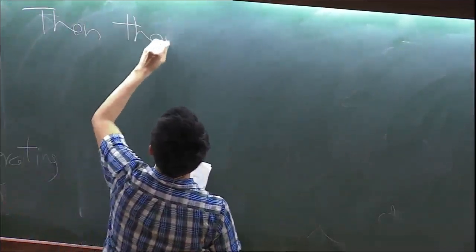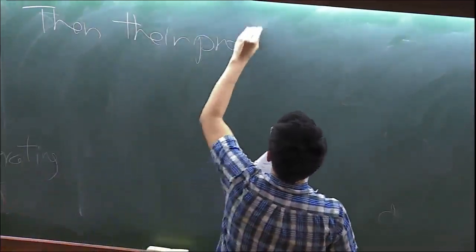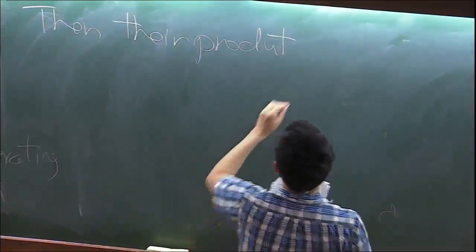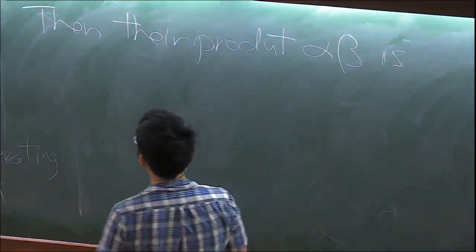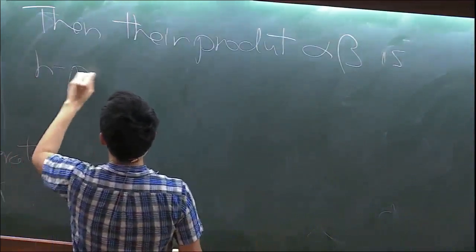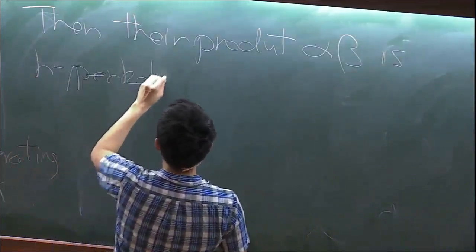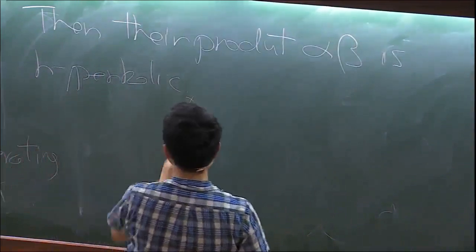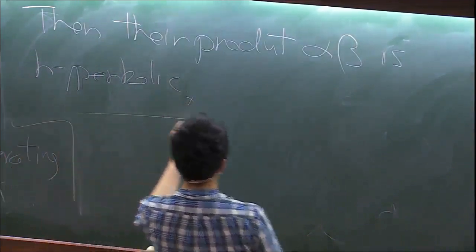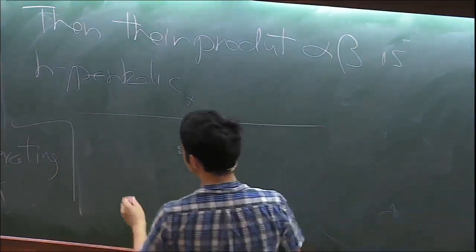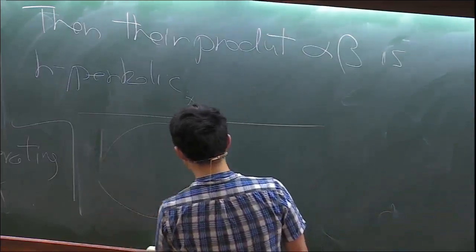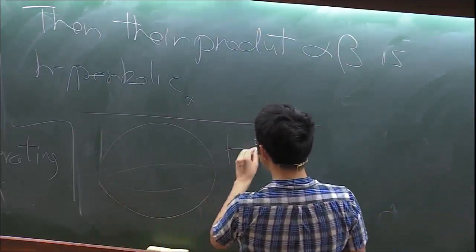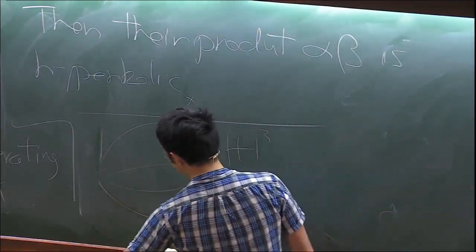In their composition, their product, alpha beta is hyperbolic. We have hyperbolic free space, and then we have two axes.